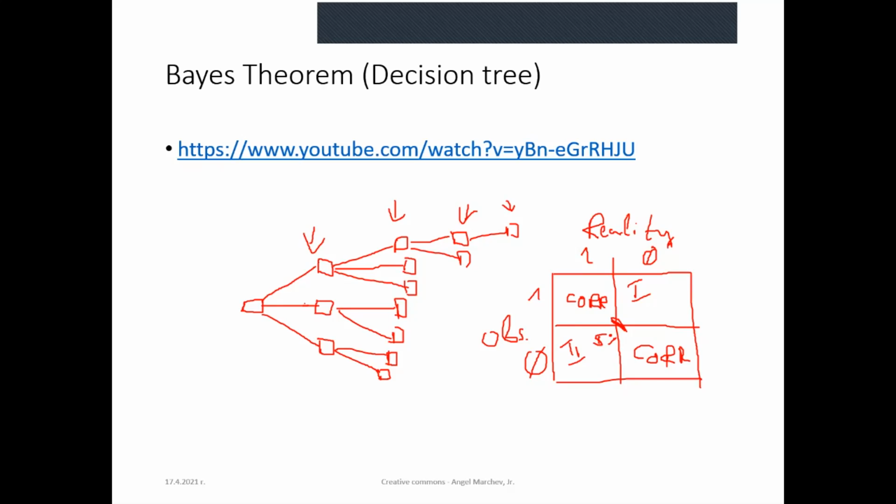But anyway, if we say one is non-cancer and zero is ill person, then this is going to be 5%. So we think that this person is ill, but in reality he is not. And here we think that this person is healthy, but he is not. This is actually, in your case, 88%, right?